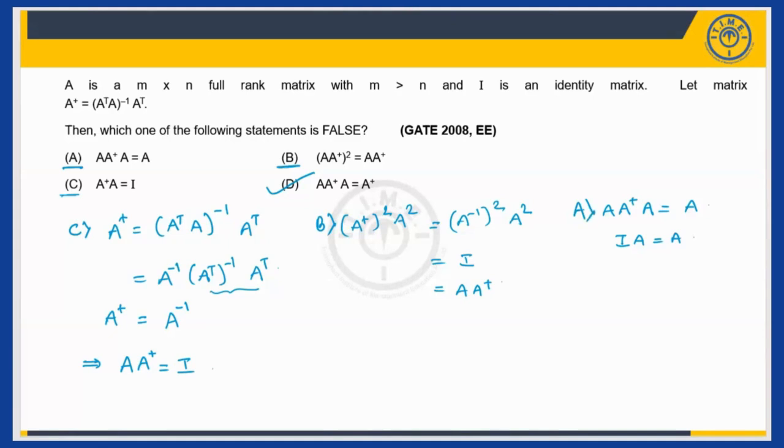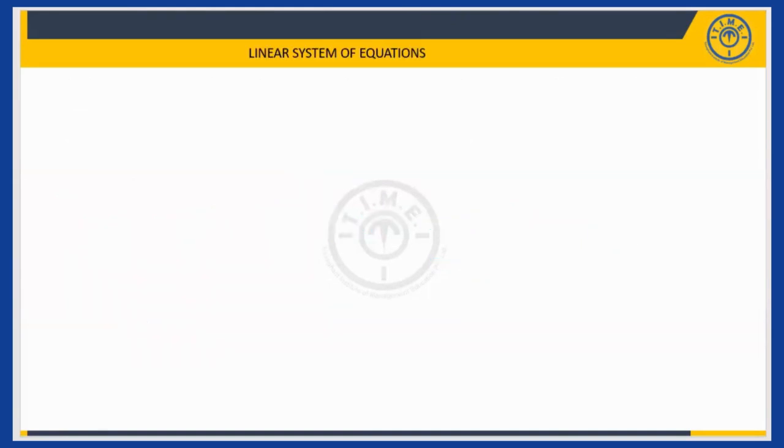Now again, coming to the linear system of equations. As I said, there are two types of linear system of equations.